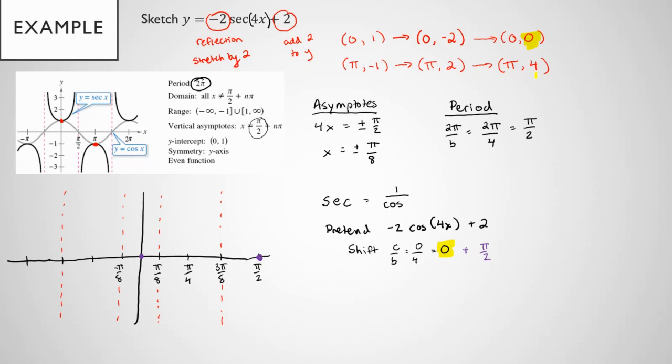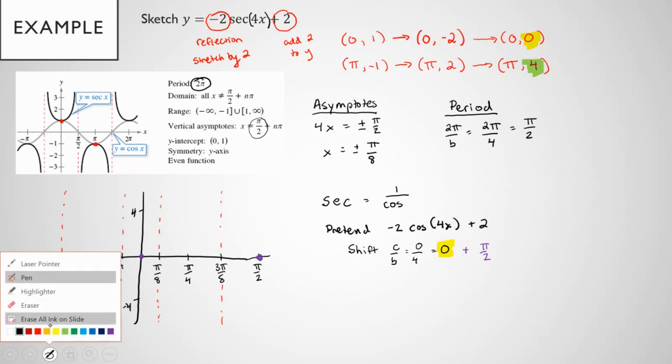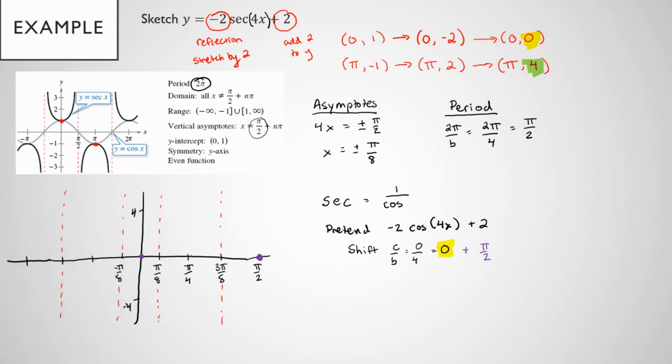So that means in between these, I'm going to be at the other value that we have there, this 4. So at my pi over 4, let's just say this is 4, -4 there. So at pi over 4, I don't have any dots, so that's going to be at 4.